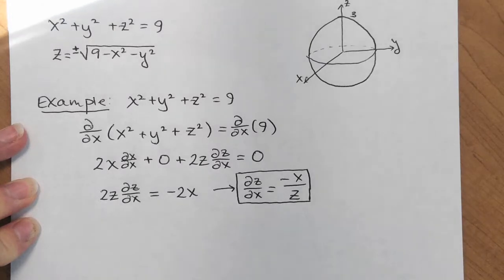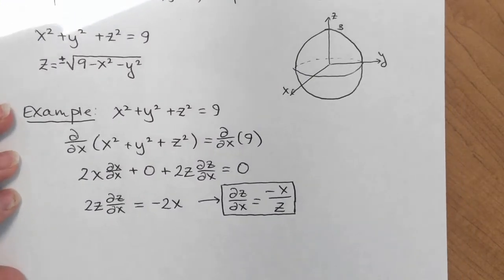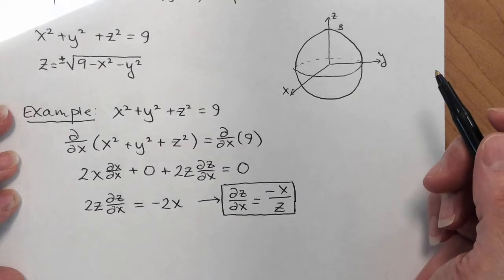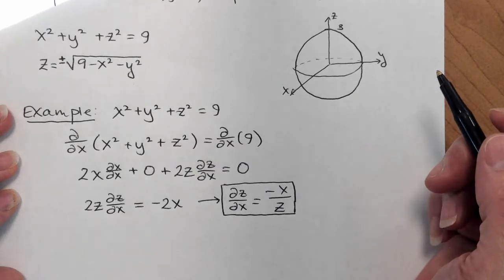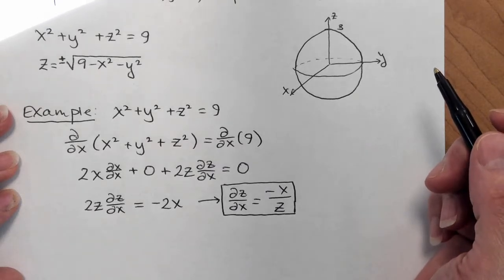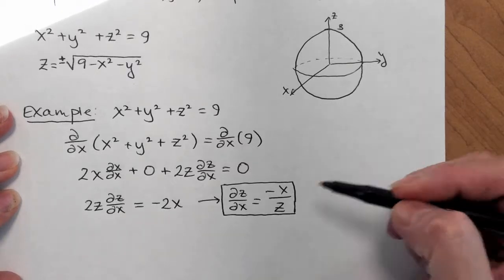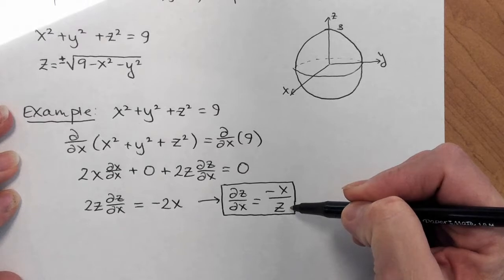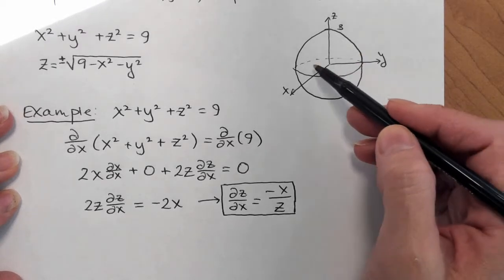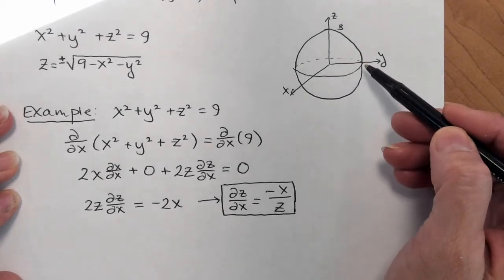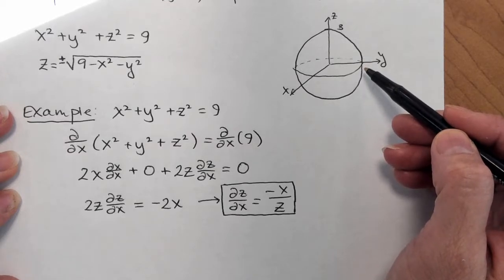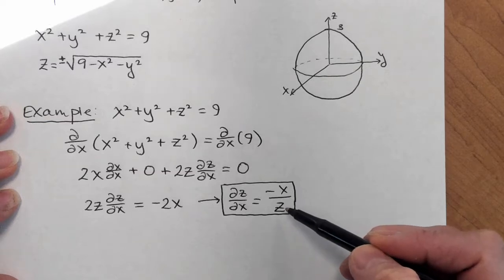So let's think about what this means in terms of the picture of our sphere. Consider that partial z partial x is a slope. So when z is very small, that means you're close to the xy plane. If z is very small, you're dividing by an infinitely small number, which will result in a very big number.